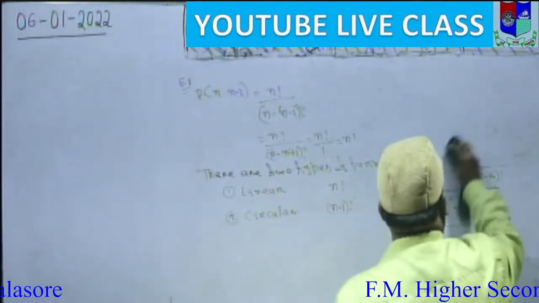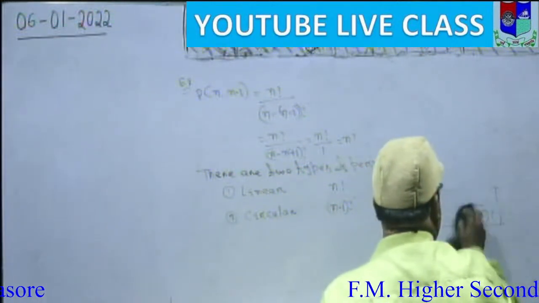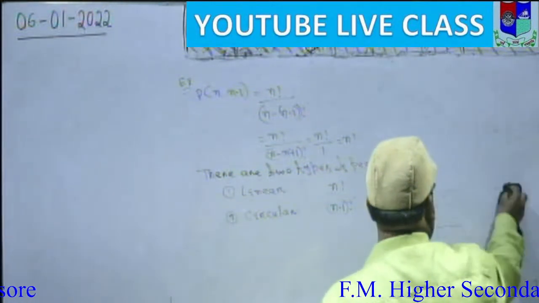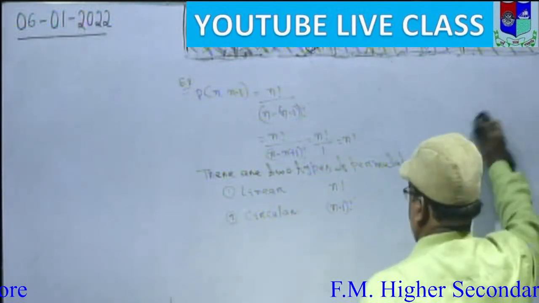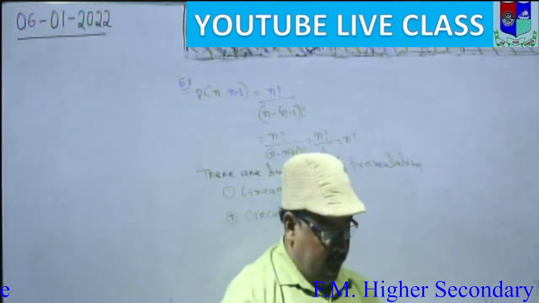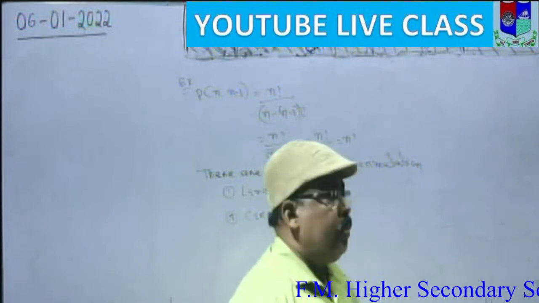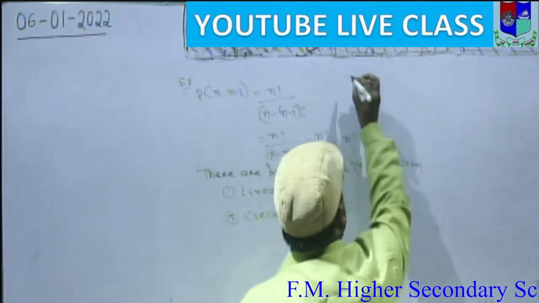In how many ways can 5 different boys be seated in a row? Question is: in how many ways can 5 boys sit in a row? This is one example.